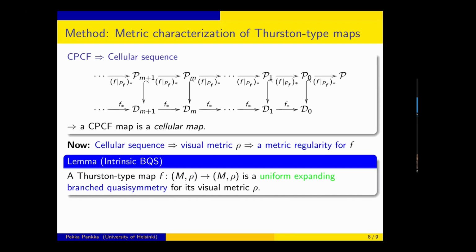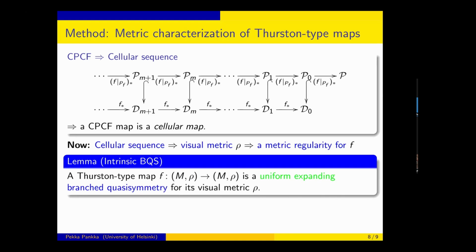And what does that give you? It gives you that you can start pulling back the information you had using the map. You started with this complex P, or this cell decomposition P, and then in the definition of the Thurston-type map, there was this P0 and a D0. The D0 was the decomposition of the whole space, and P0 was the decomposition of the post-critical set.